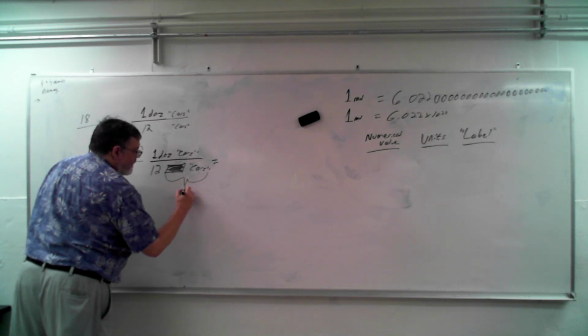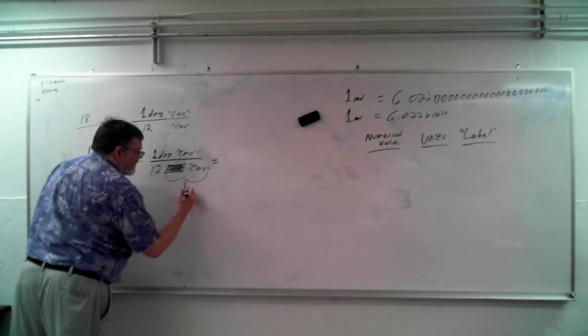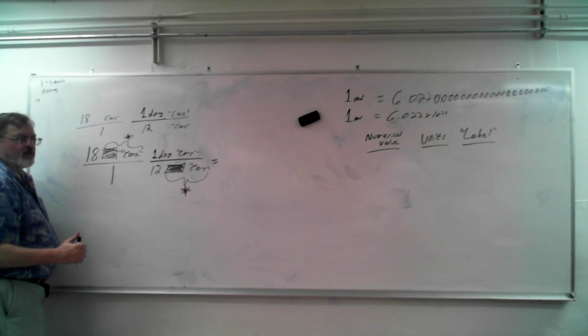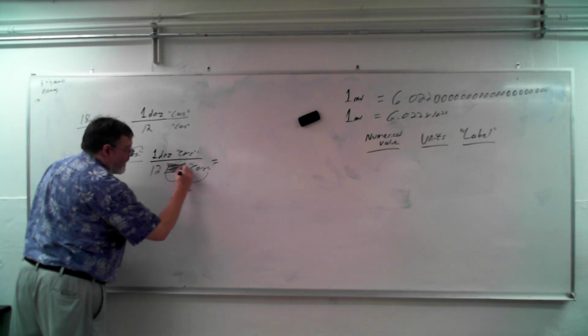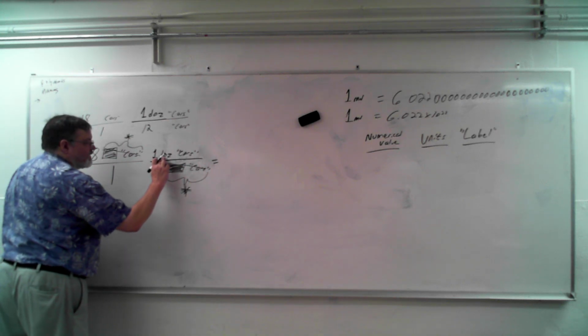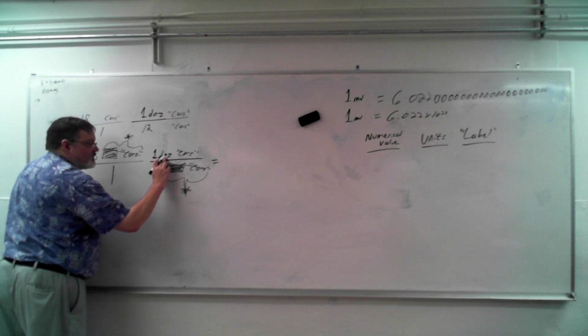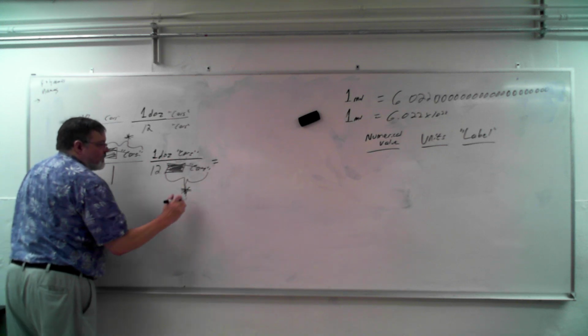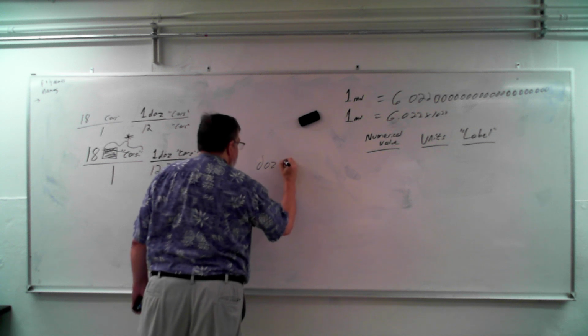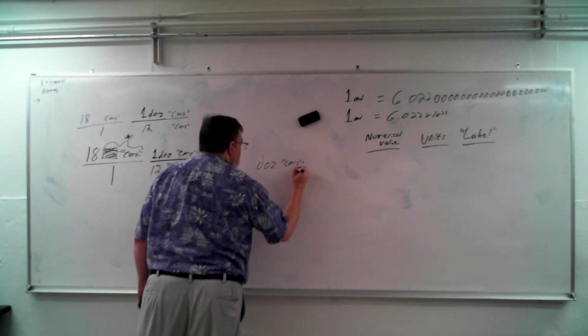Those go with each other. Meaning, blank cars cancels blank cars. The units left, and like I said, units, counting units in this case, go with the label. So if we cancel that, we have dozen cars.